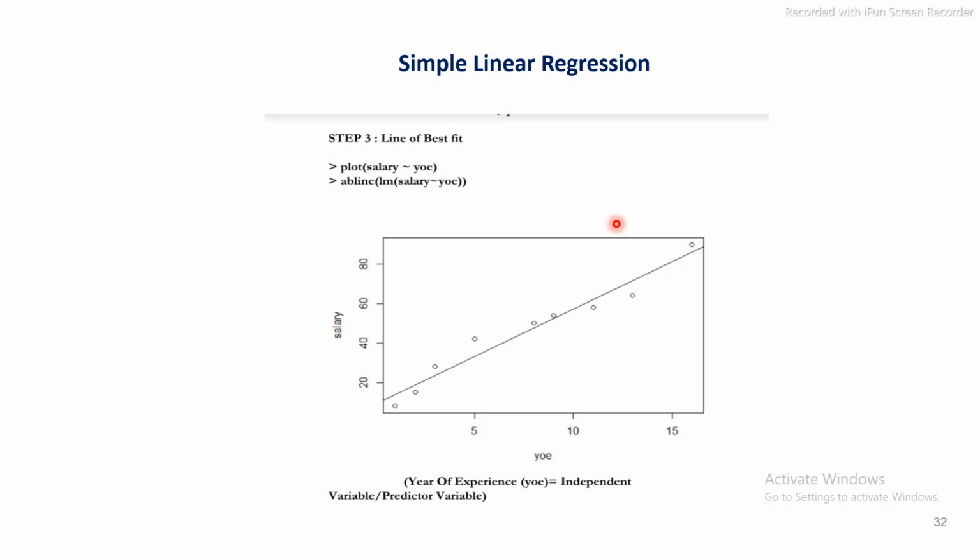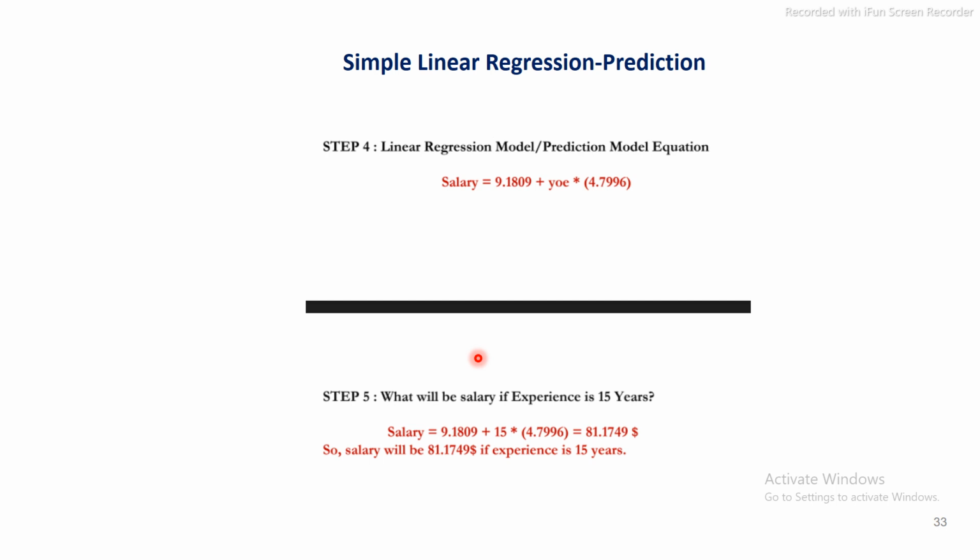And I'm just showing you the line of best fit. You see there is one point touching the line of best fit, and every other data point is away. This is just a residual. Residual means data points which have some errors, which are not passing through the line of best fit. So how did we calculate salary?